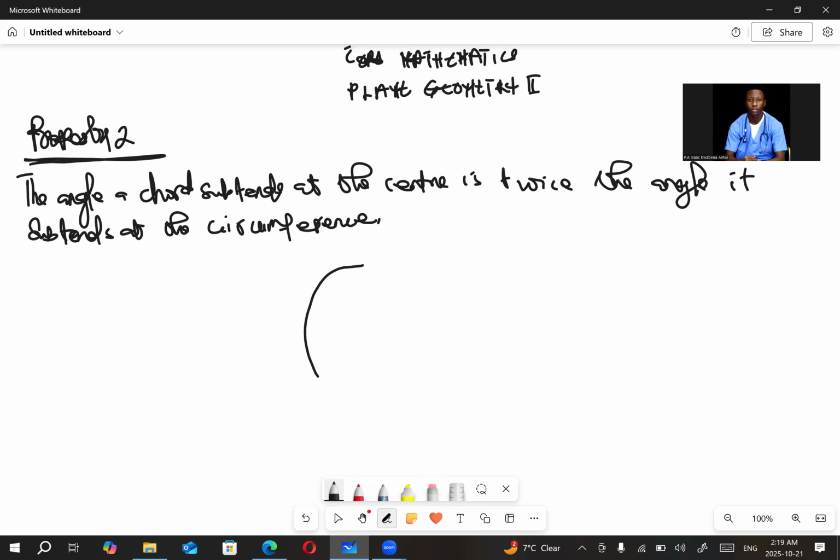Okay, so let's take a look at this. There's a circle, there's a chord. In this property there is a center.